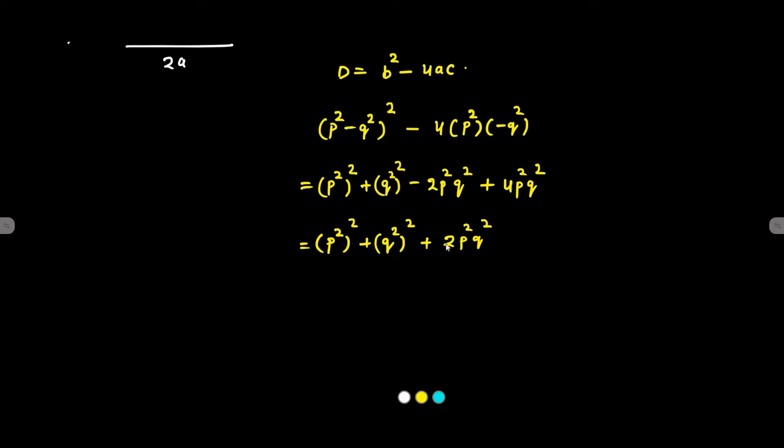So this is the expression of a plus b whole square, a square plus b square plus 2ab. So we can write it as p square plus q square whole square.